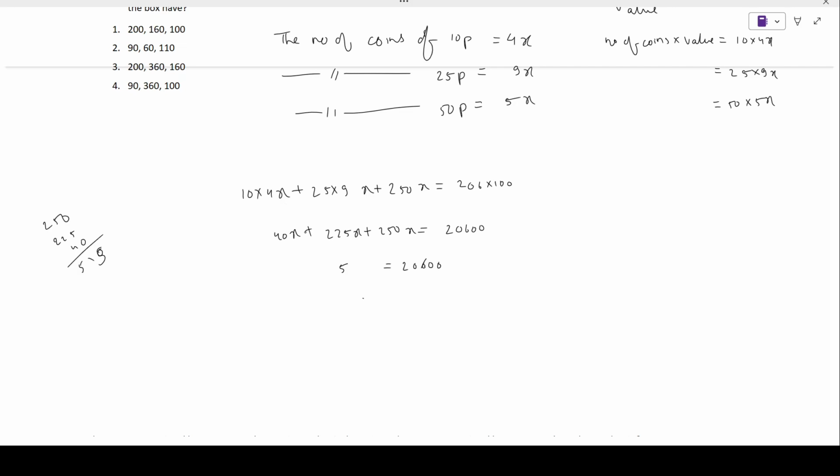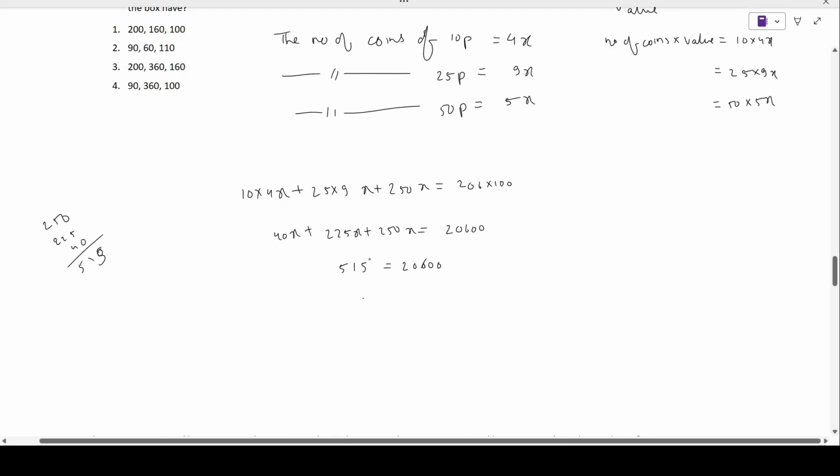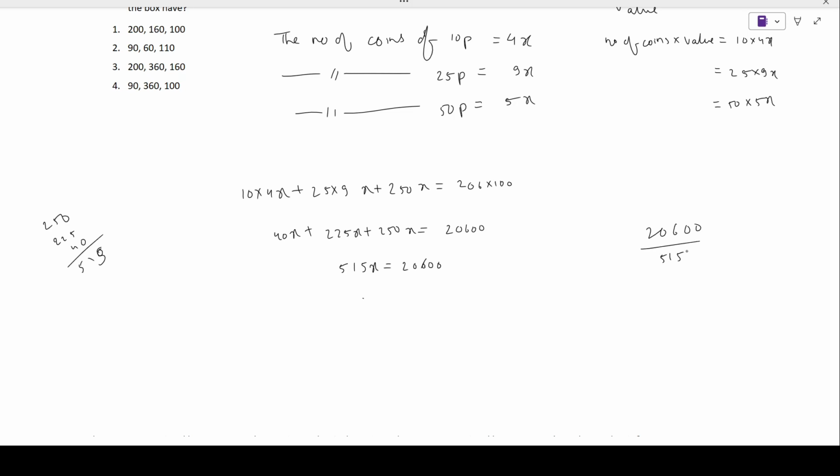Here we have 500, 515x. Solving this, 20600 by 515. 5 ones are 5, 5 threes are 15, 5 fours are 20.